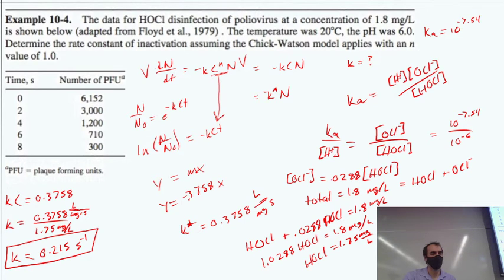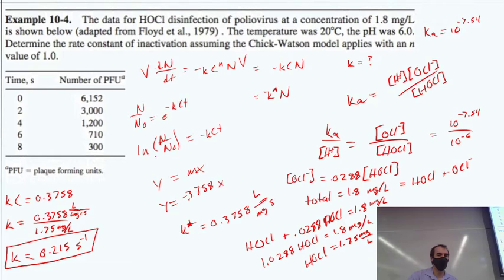I understand you're integrating to get there, but the final equation is y equals mx. Why would you have to go back to the original equation to relate it?